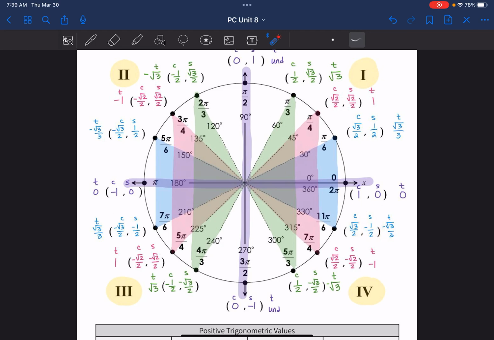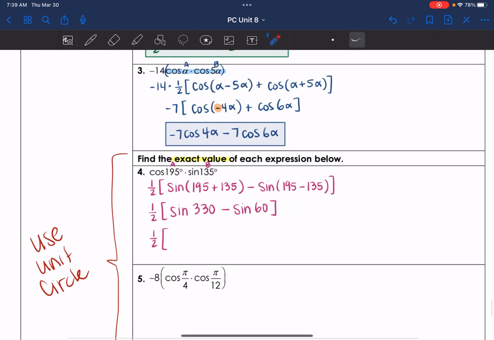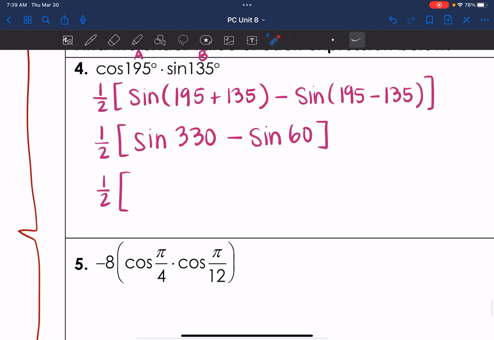And then while I'm here, let's also find the sine of 60. So here, square root of 3 over 2. So negative 1/2 and square root of 3 over 2. Those are the two numbers we need. Negative 1/2 minus square root of 3 over 2.